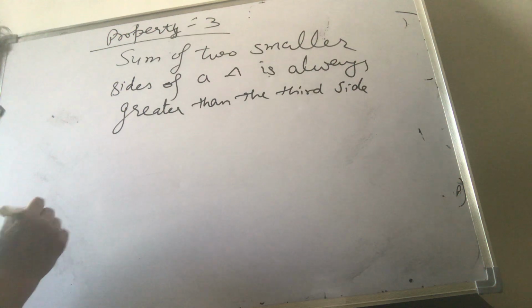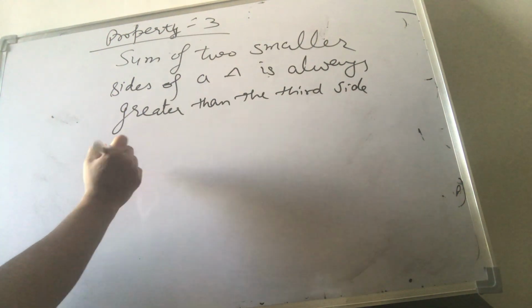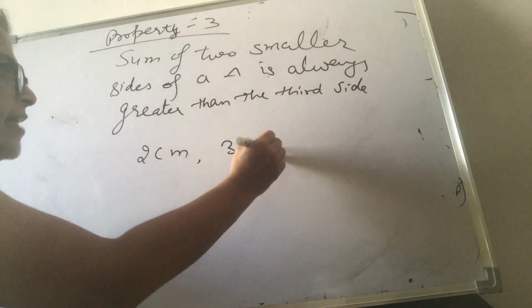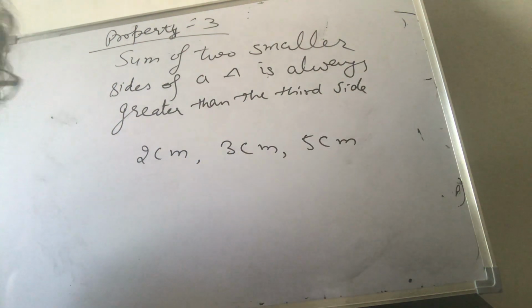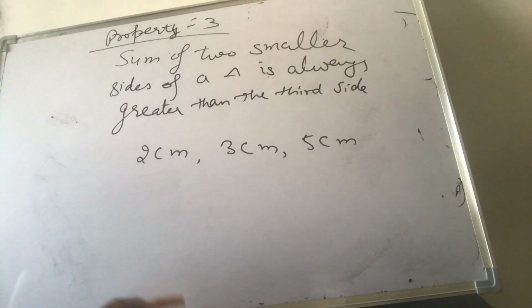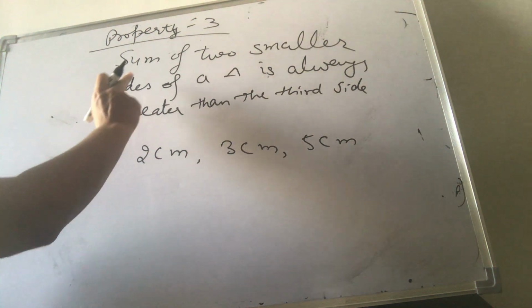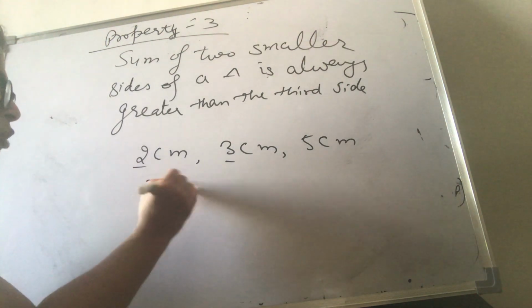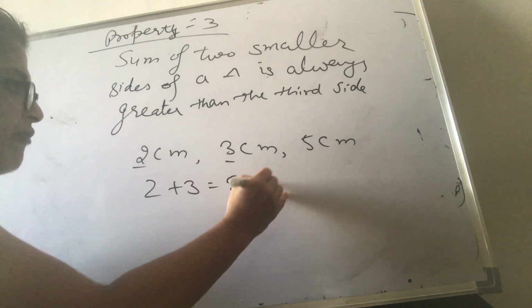Suppose we are given three sides of the triangle as 2 centimeter, 3 centimeter and 5 centimeter. And we have to tell whether we can draw the triangle with these three sides or not. The property says sum of two smaller sides. So these are the two smaller sides out of these three. So we will do 2 plus 3 as 5 centimeter.